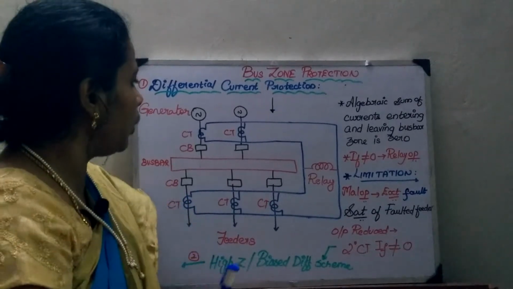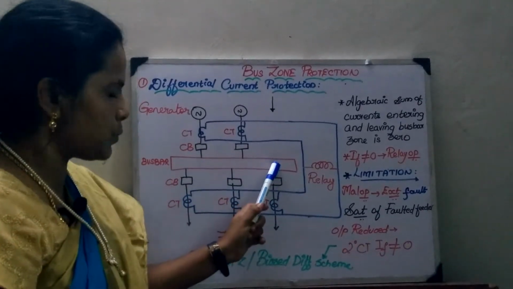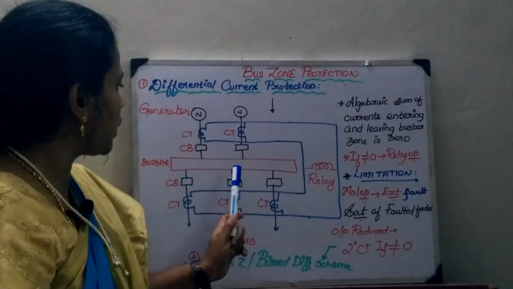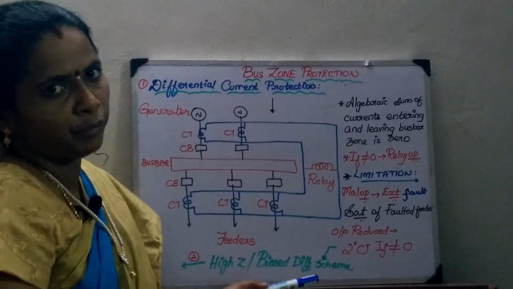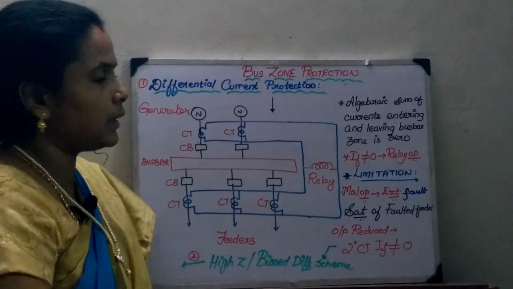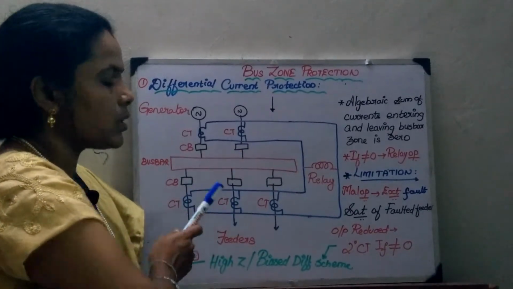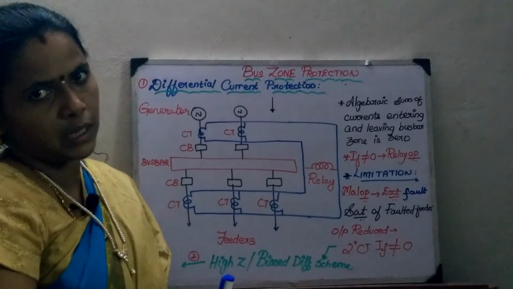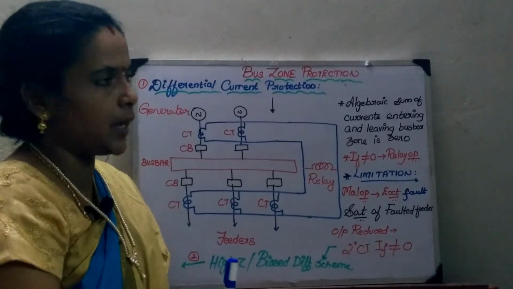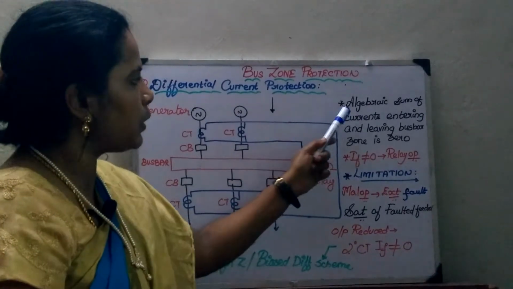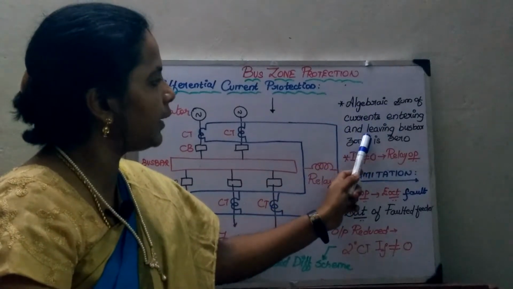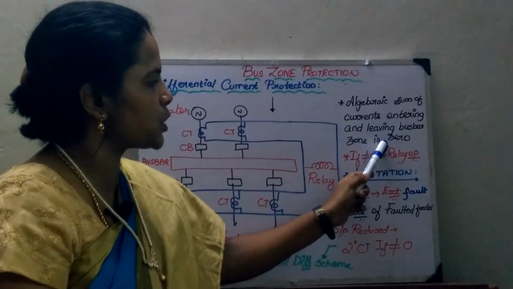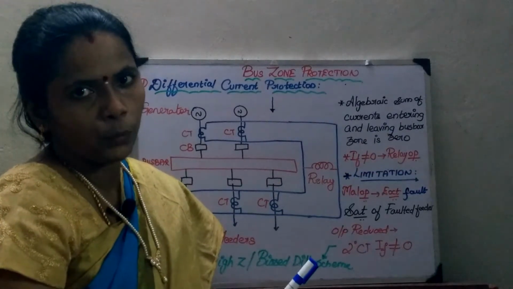Now, whenever we consider the bus bar, on one side you have the generating stations, on the other side you have the feeders. It is not necessary that the number of generators and feeders are the same. Here, as per Kirchhoff's law, the algebraic sum of the currents entering and leaving the bus bar section should be 0.